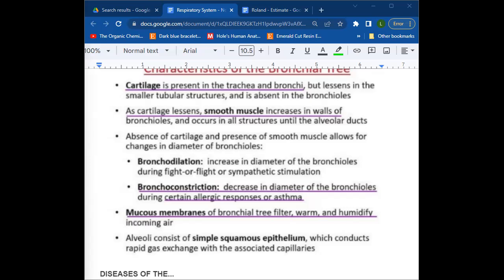Because during the fight or flight response, your body is going to want to bring as much oxygen as fast as possible into the lungs in order to get that to the muscles as fast as possible so that you can get ready to run away or fight off the predator. So it's going to be opening up those bronchioles to get more oxygen down into the lungs.